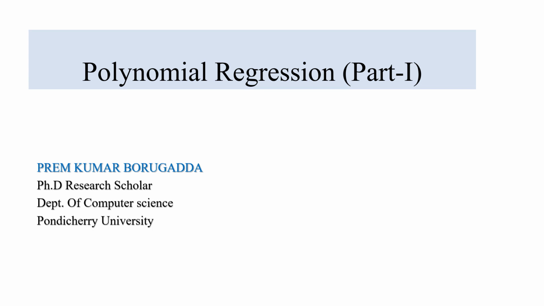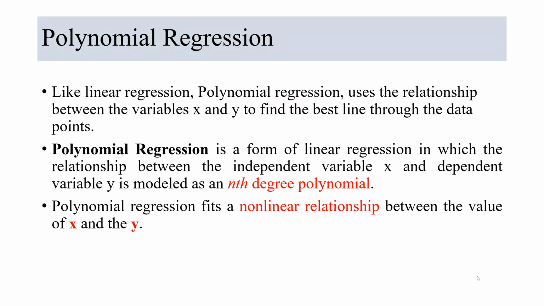So what is polynomial regression? Polynomial regression is like a regression. It is the relationship between the two variables x and y. Here x is the independent variable and y is the dependent variable, to find the best fit line that passes through the data points.